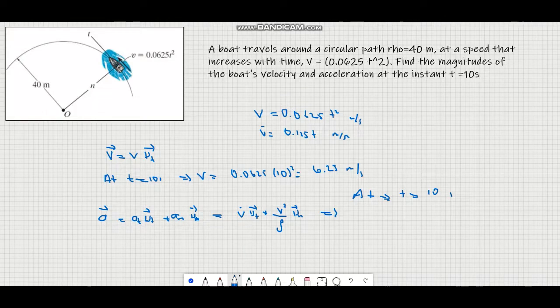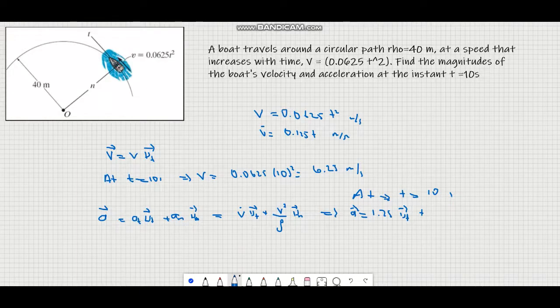We just need to plug in v prime, which is here 0.125 t. When we multiply by 10, it's going to be 1.25. The acceleration is 1.25 ut, which is the tangential unit vector, plus v square.